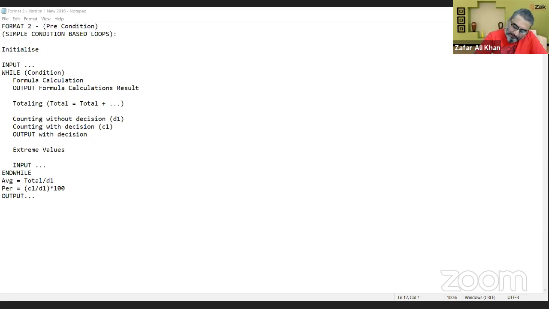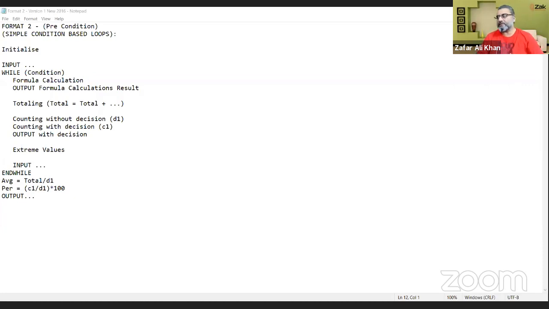So it says that in a while loop, there are chances that the loop will not work at all if the condition fails right at the first check.